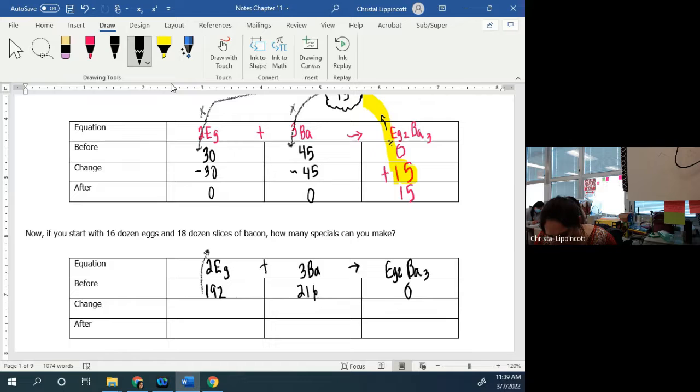So 192 divided by 2 is 96. Okay. And then here, I'm going to do 216 divided by 3. That's going to be 72.